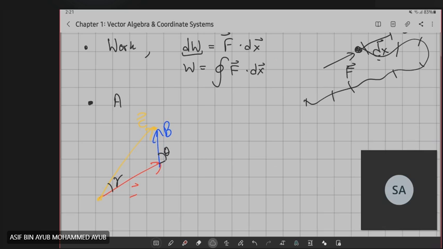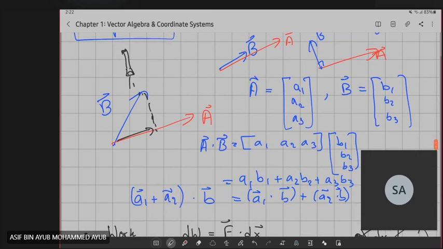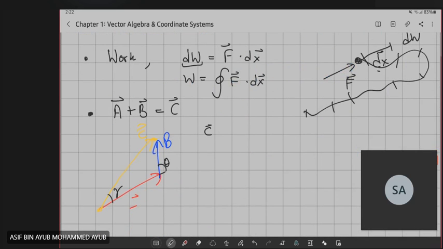If you have a vector C that you get by adding A plus B, the equation we got for C was something like A squared plus B squared plus 2AB sine theta. Now we can actually derive this using the dot product. So dot product also gives you the length. If you take a vector dotted with itself, C dot C, it gives you the length of the vector squared.